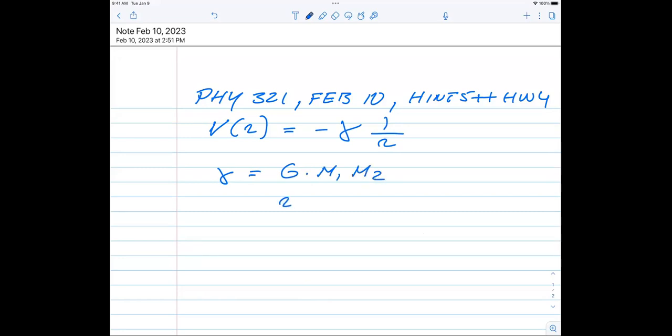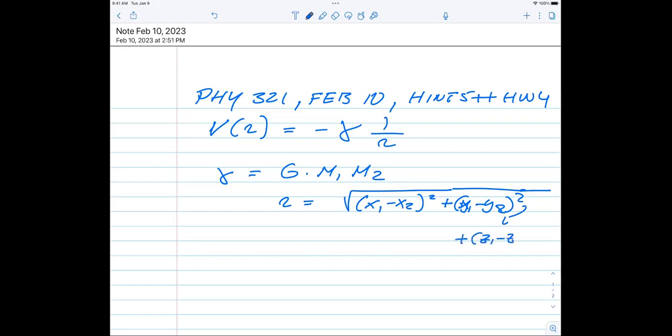And r is the absolute value, the magnitude of the distance between the two particles or the two objects: x1 minus x2 squared, plus y1 minus y2 squared, and then it just continues. If we are in three dimensions, there is also z1 minus z2 squared.